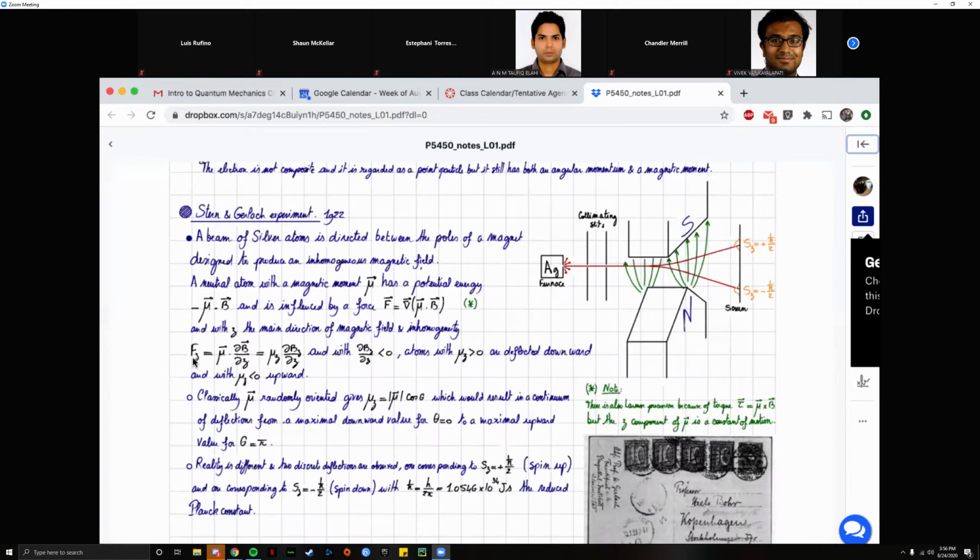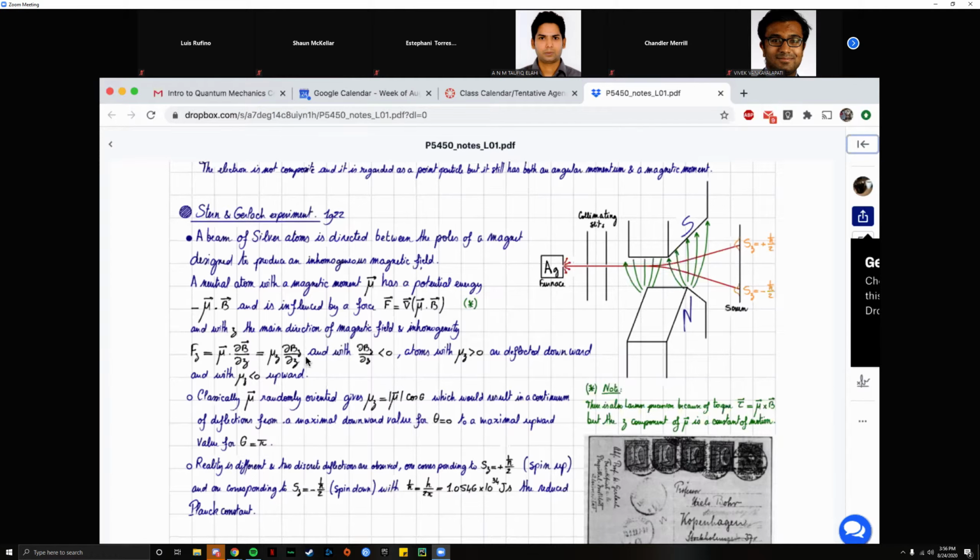So if you look at the Z component of this force, you're going to find that it's equal to mu dot product with the derivative of the magnetic field with respect to the Z coordinate. And if you concentrate on the vertical component of the magnetic field, you obtain just the Z component of the magnetic moment multiplied by the derivative of the Z component of the magnetic field with respect to the Z coordinate.